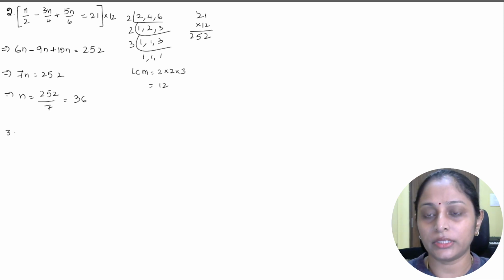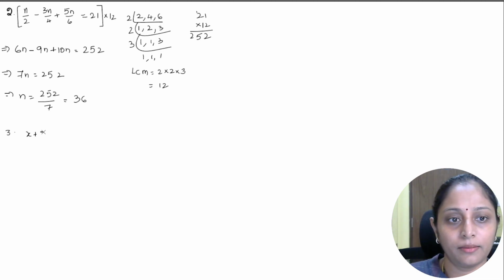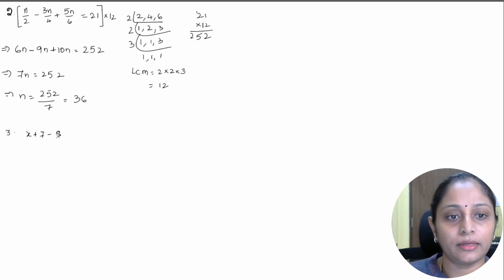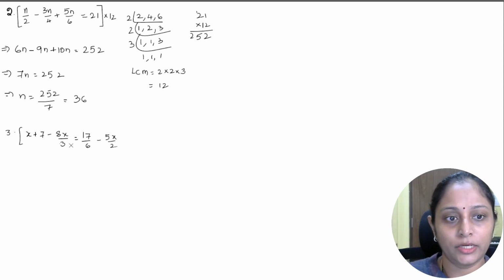Next, coming to the third sum, x plus 7 minus 8x by 3 is equal to 17 by 6 minus 5x by 2. So here my denominators are 2, 3, 6.